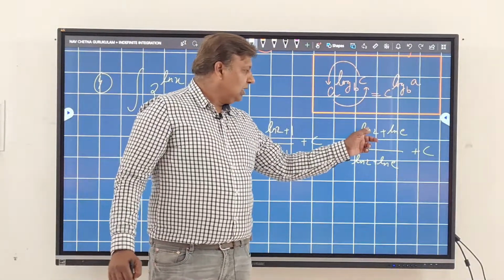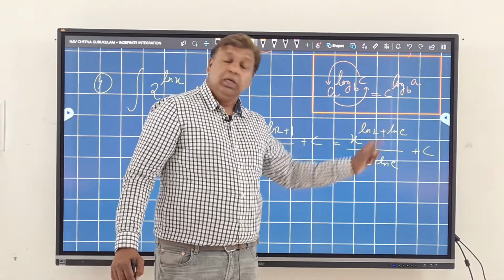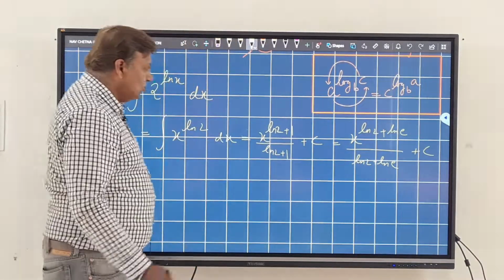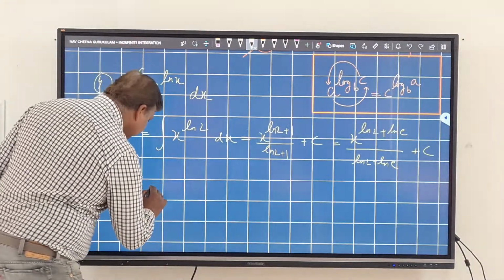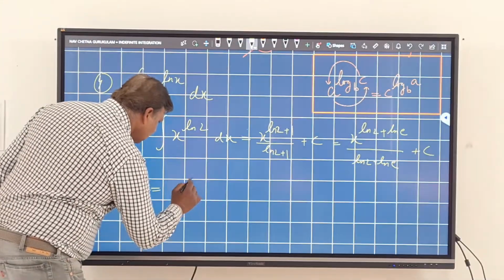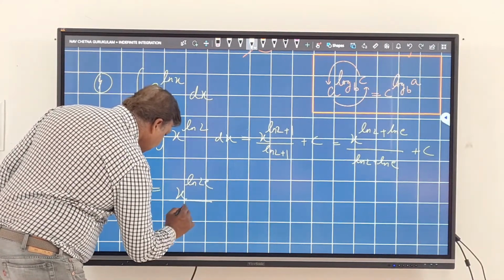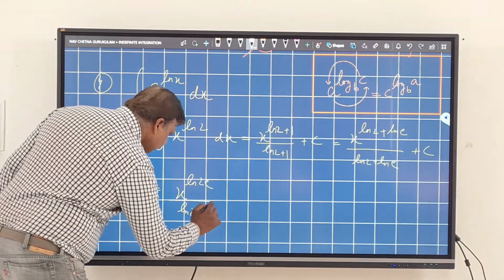Now, I hope you know that terms in log to the same base, if they are in addition, the inside thing goes into a product. So you have x to the power ln 2e upon ln 2e.